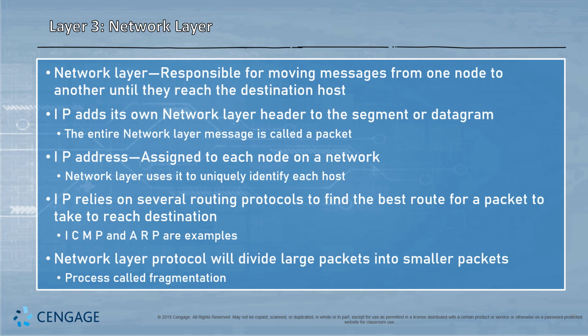There's still two different names that can be applied based on what protocol is being used. When we add the network layer, we put that header on, it's now called a packet, and that's pretty much universal. The IP address is going to uniquely identify each host on their respective network. Now, if we're doing local traffic, we're talking about a network address that is part of a subnet.